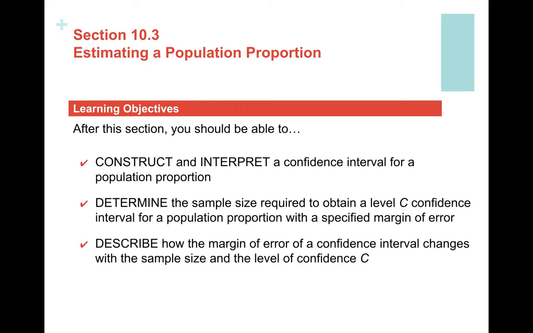Then our interpretation would be, let's say that our confidence level is given as 95%: we are 95% confident that the interval from blank, lower bound to blank, upper bound captures the true population proportion P of high school seniors in the Tri-Valley area that wear glasses. So that's how you contextualize your interpretation. Okay.